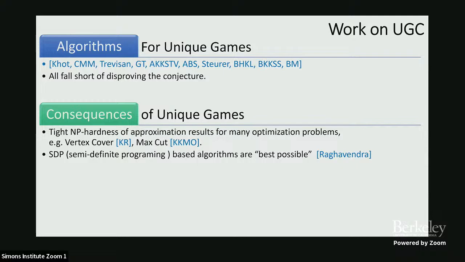This is a really amazing result in my opinion. It holds for a general class of problems. It tells you what is the best algorithm and why you cannot do better than it. So if UGC is true, then it gives us a very nice understanding for many, many problems.